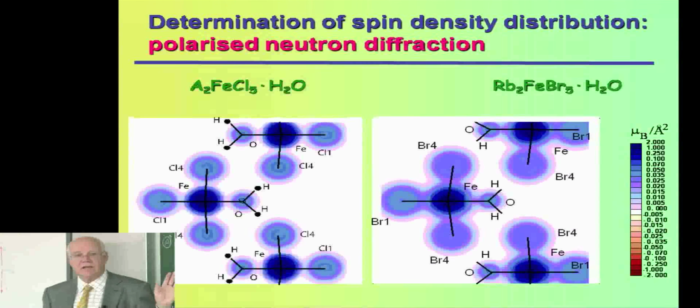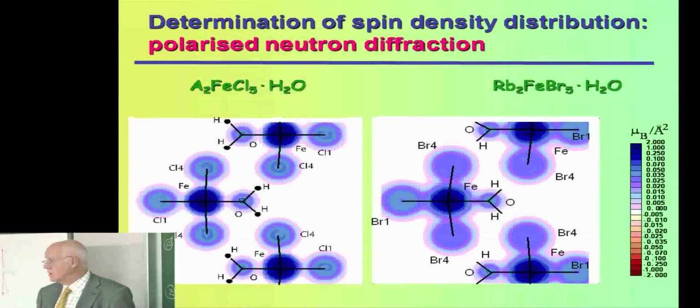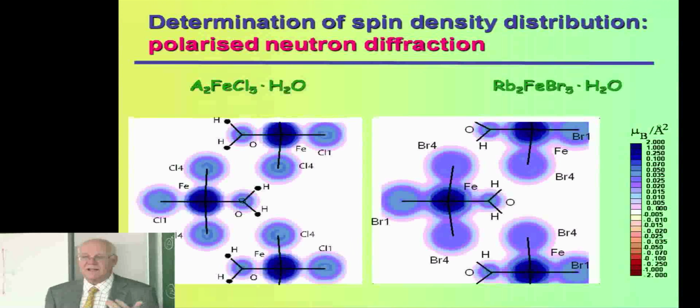So in that family, things were about 10 times higher in temperature. Why? Because the distance between iron and iron was very large. So we were suspicious that things were more complex than they looked.